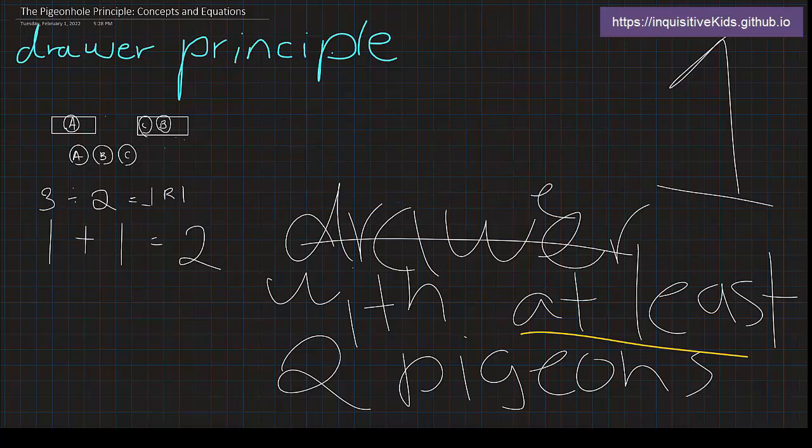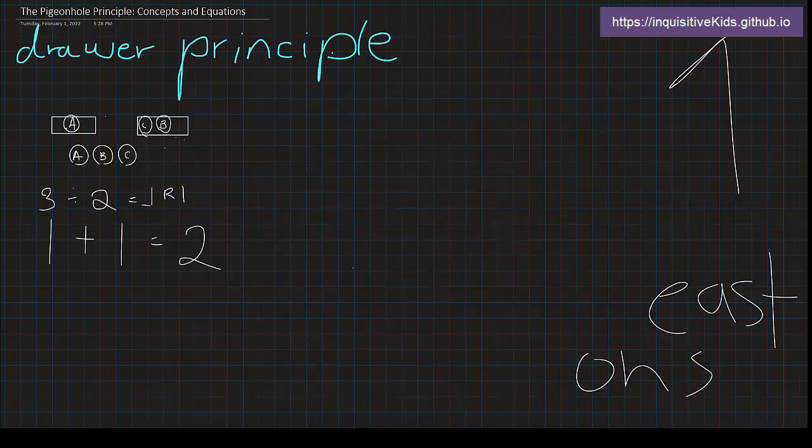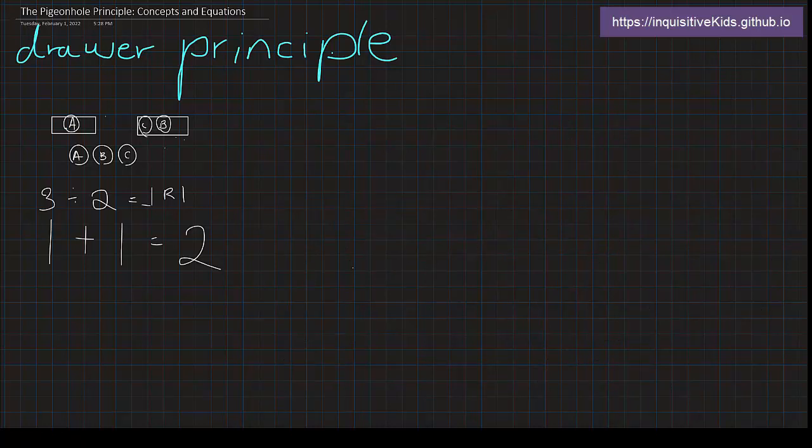But does this happen with anything else? So let's try some more scenarios. Say there were 7 drawers, and there were 3 pigeons.